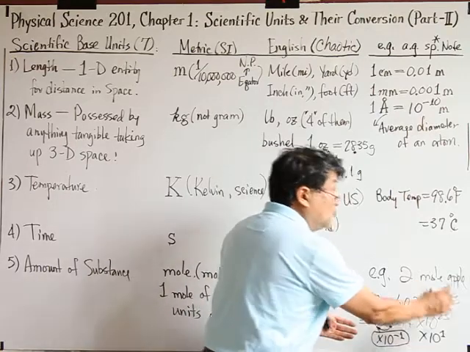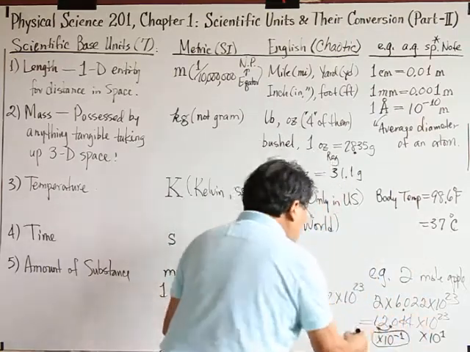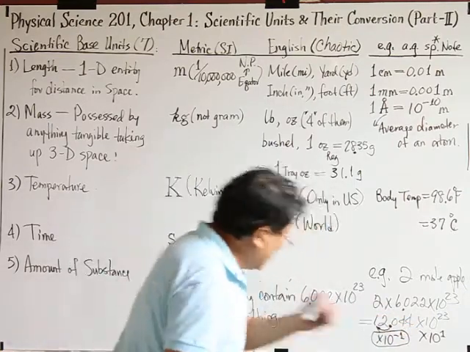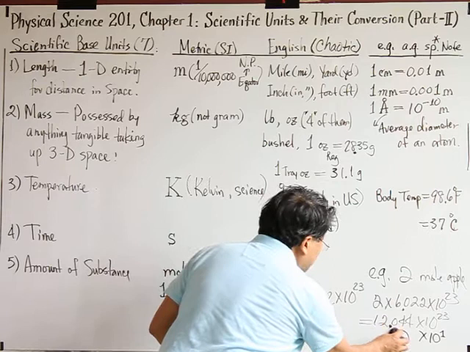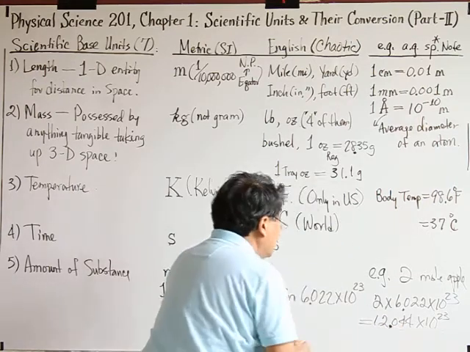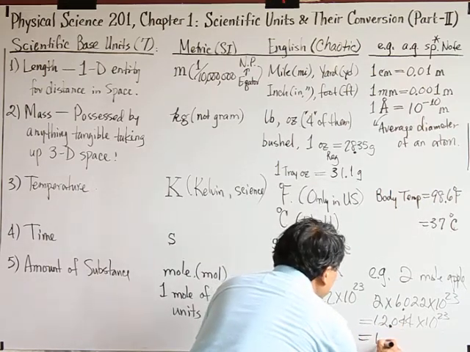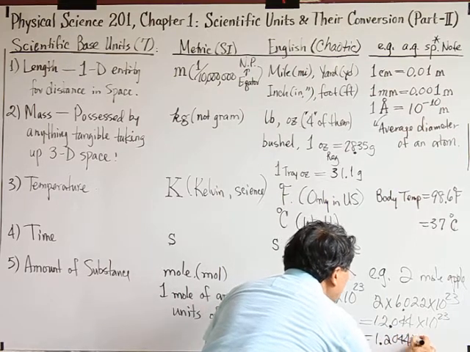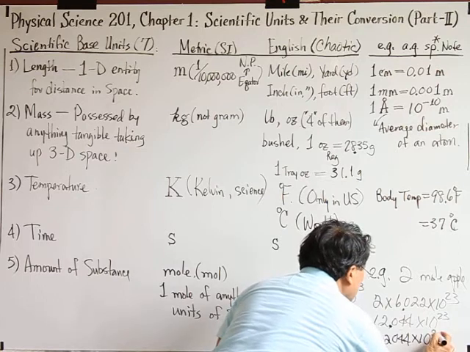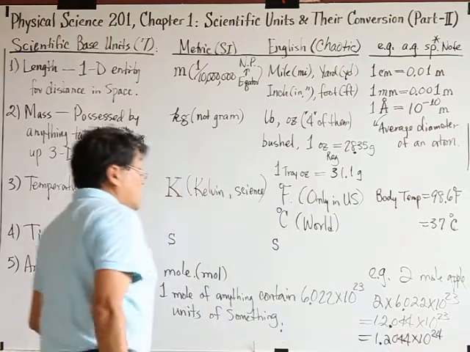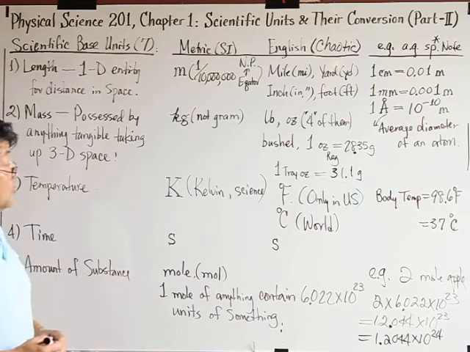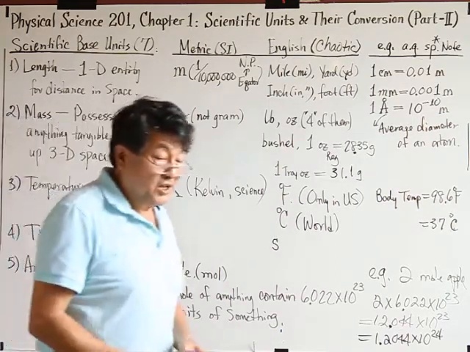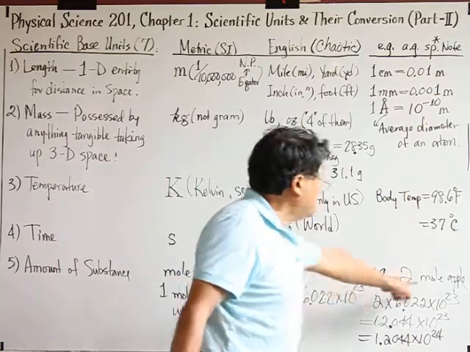So after this process, the correct way to write this number would be 1.2044 times 10 to what? Yes, 24. So 1.2044 multiplied by 10 to the 24 is the total number of apples if we deal with 2 moles of apples.